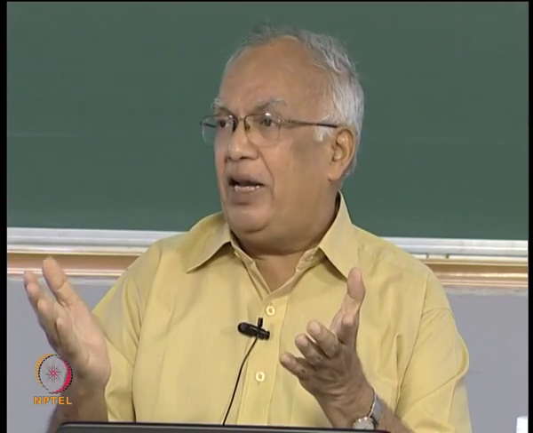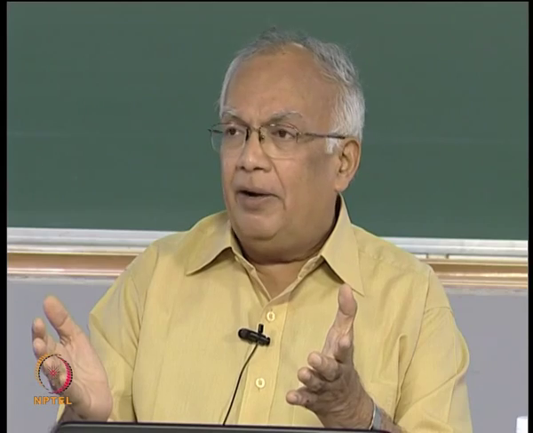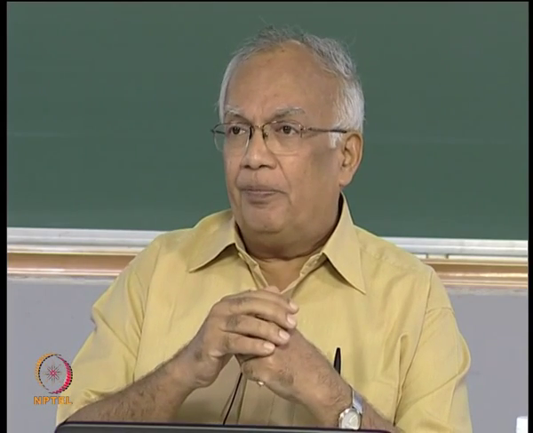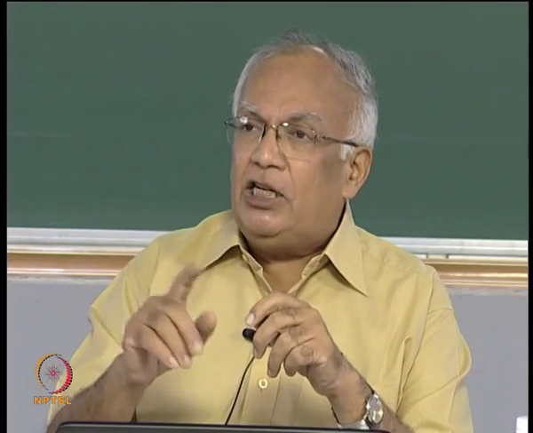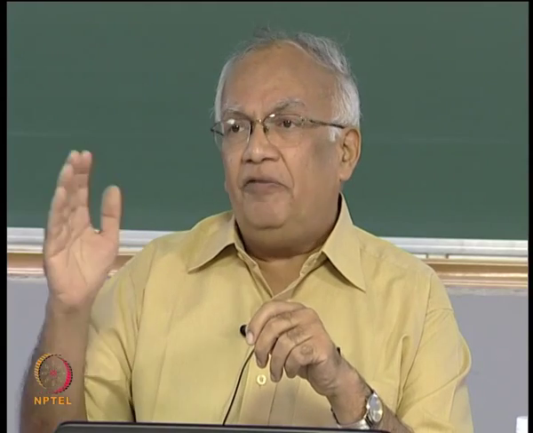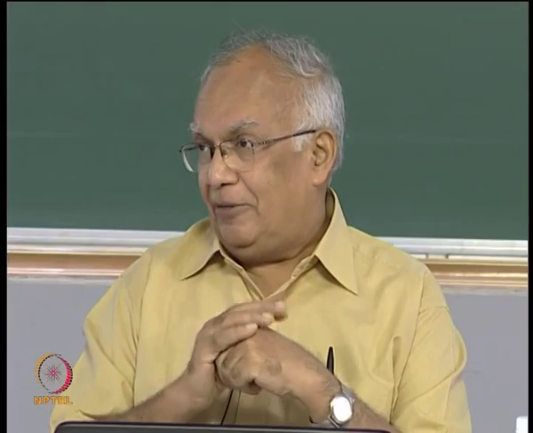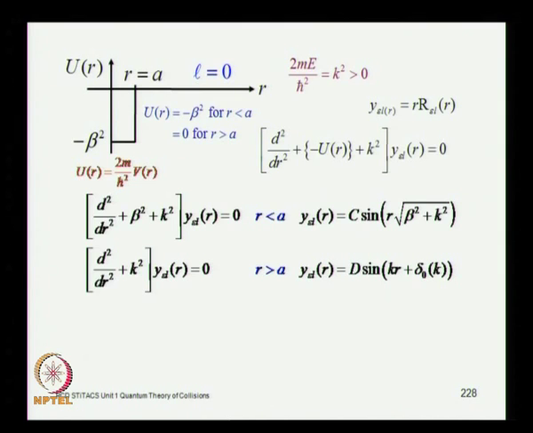It is L pi by 2 as we know, right, but L is 0, and then in addition to L pi by 2 there is a phase shift which is introduced by the potential, which is the scattering phase shift delta. So, that is the delta 0 that we now have in the solution in the asymptotic region.